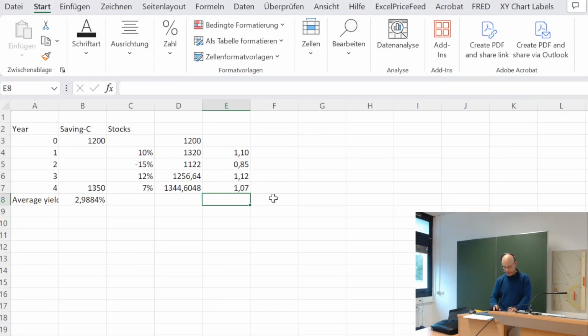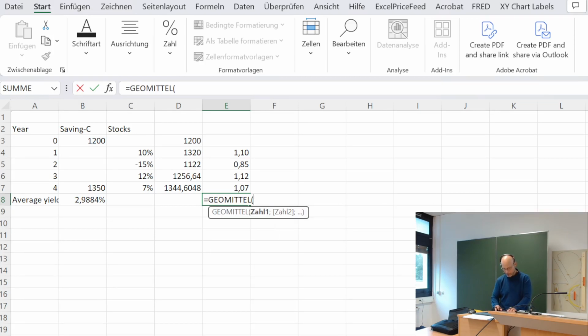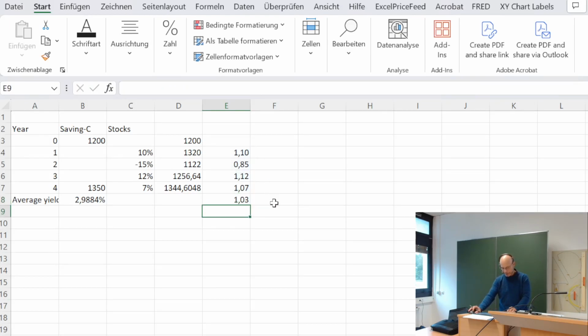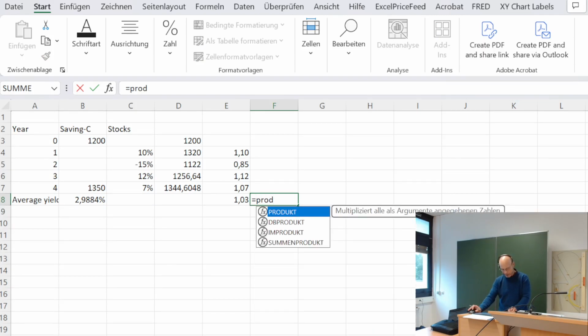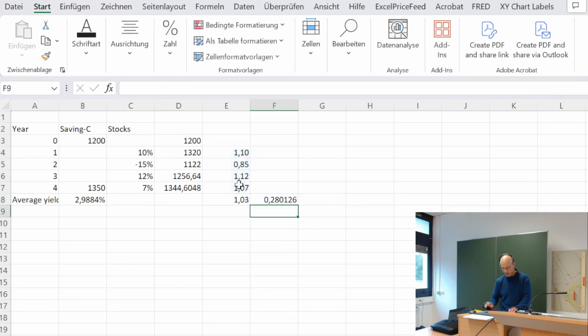And then calculating the geometric mean, this would be the fourth root of it, or the product to the power of 1 over 4.